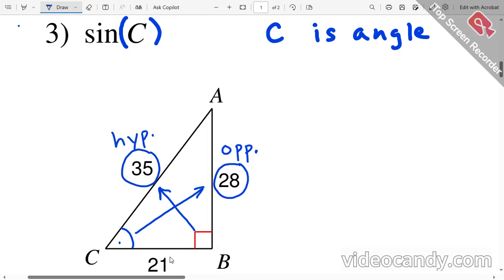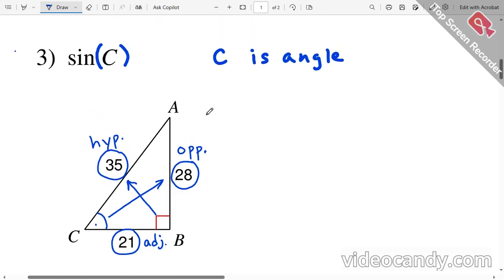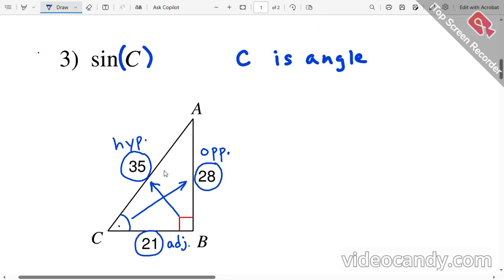And finally, the third or last remaining side, which in this case is 21, is going to be your adjacent. So I'll just label that ADJ. So the first step is to label the sides. You go to the angle that's given. Across from that is your opposite. Across from the right angle is your hypotenuse, and the remaining side is the adjacent.